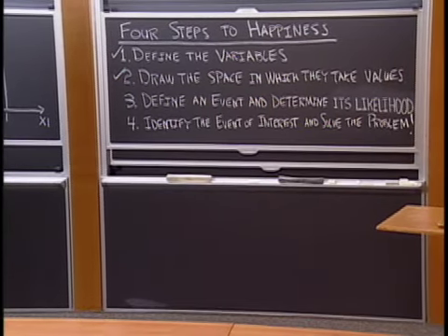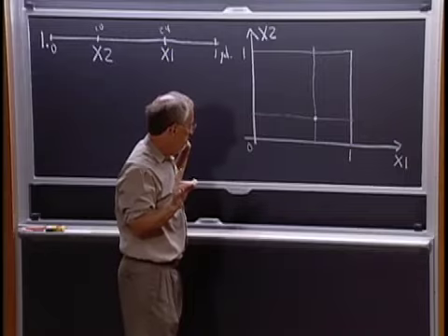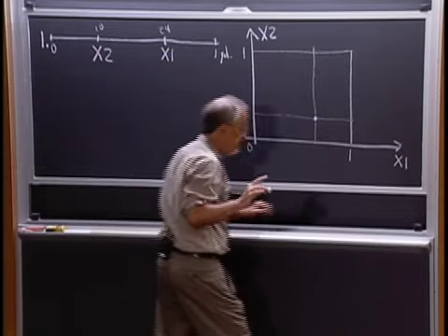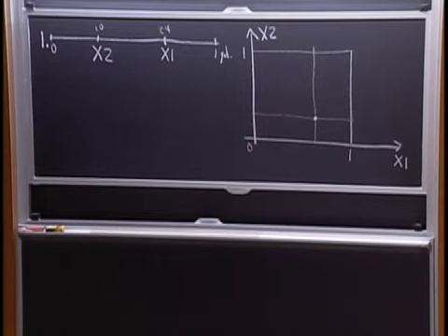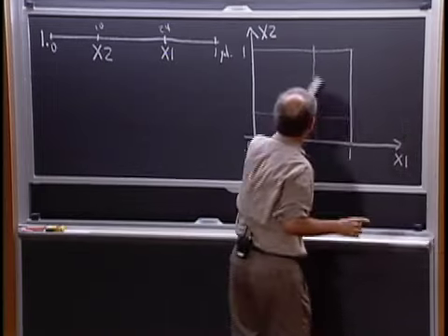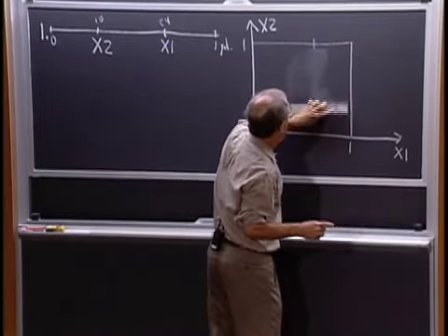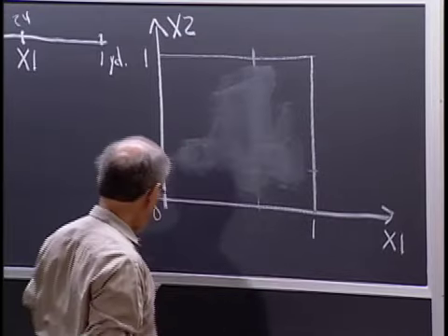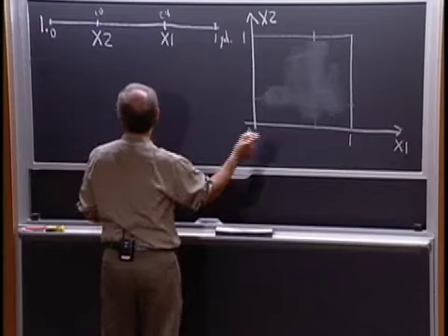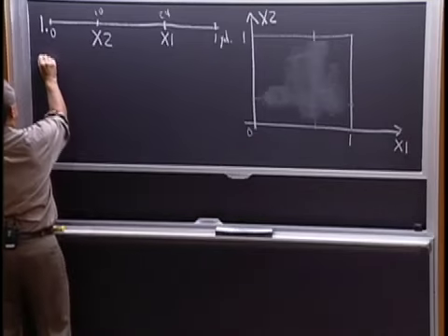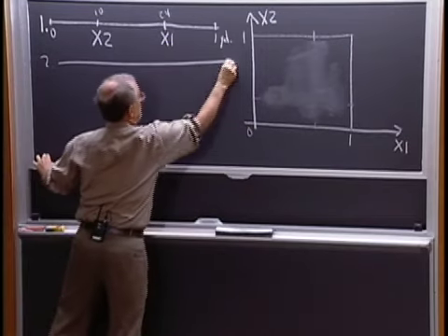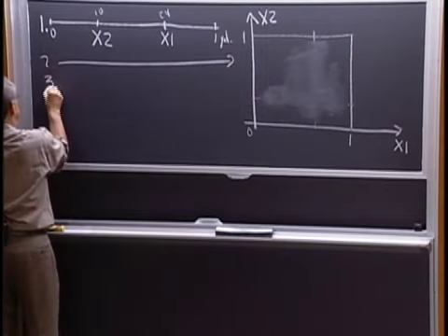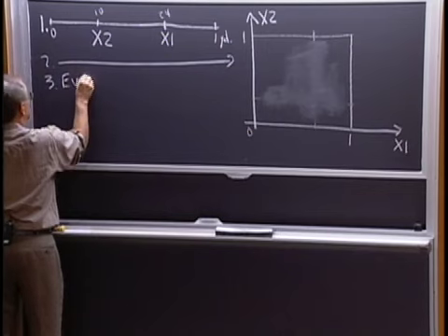Now define an event and determine its likelihood. Let's erase what we've drawn up here. We know that any point in this space corresponds to a possible outcome. Suppose we have an event, so step 3. Step 2 we've done. Step 3, suppose we have an event like this.